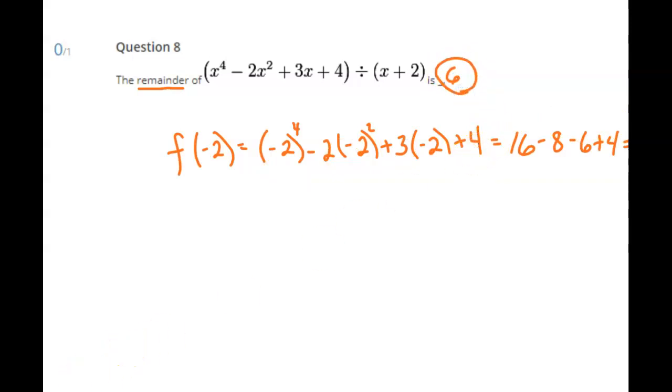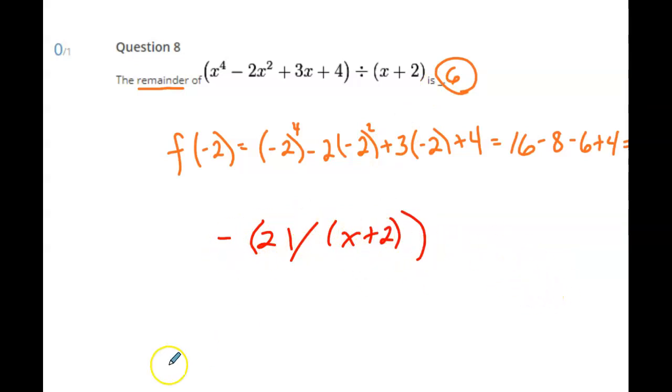Okay, when I looked at your answer to this question, you entered negative parentheses 21 divided by parentheses x plus 2. Okay, so not sure how you got the negative 21 there, but you wouldn't write the remainder as a ratio over the divisor.